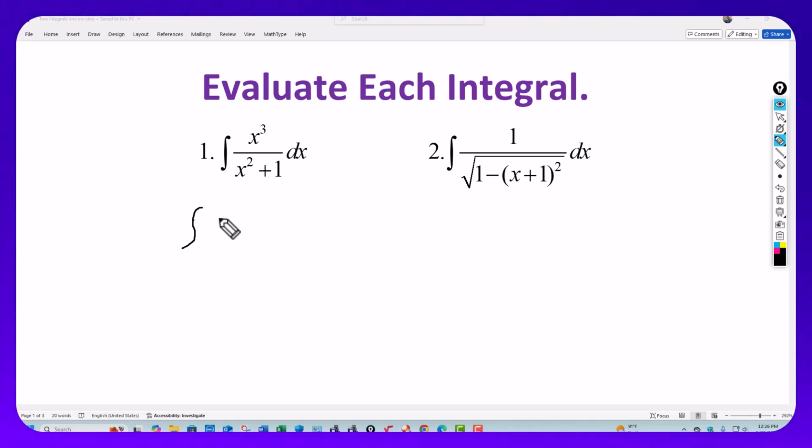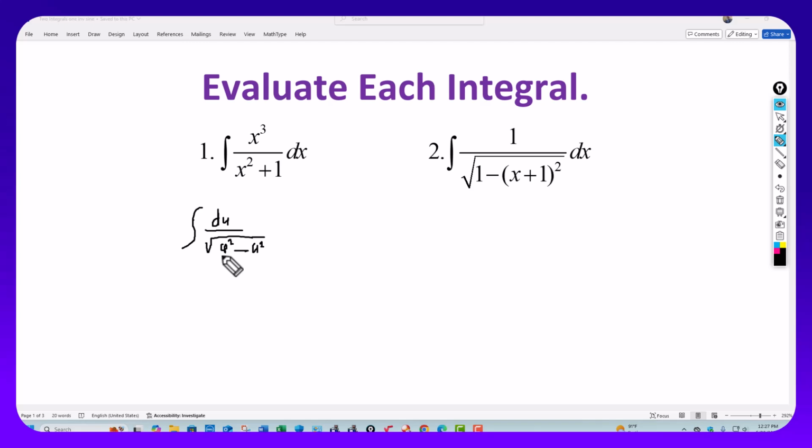For example, if you have the integral of du over the square root of a squared minus u squared.